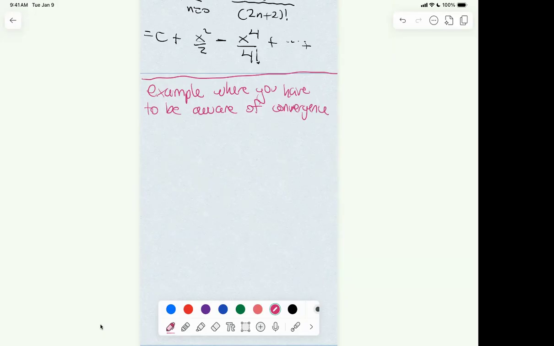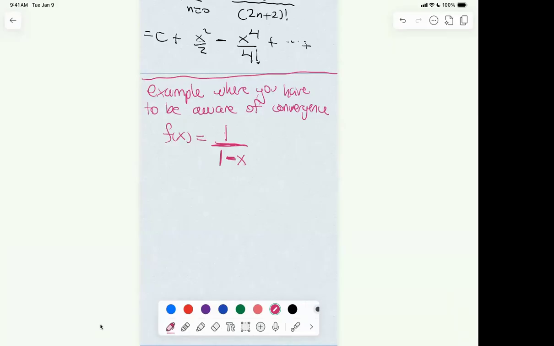So take, for example, a very nice function. What is the graph of that function?